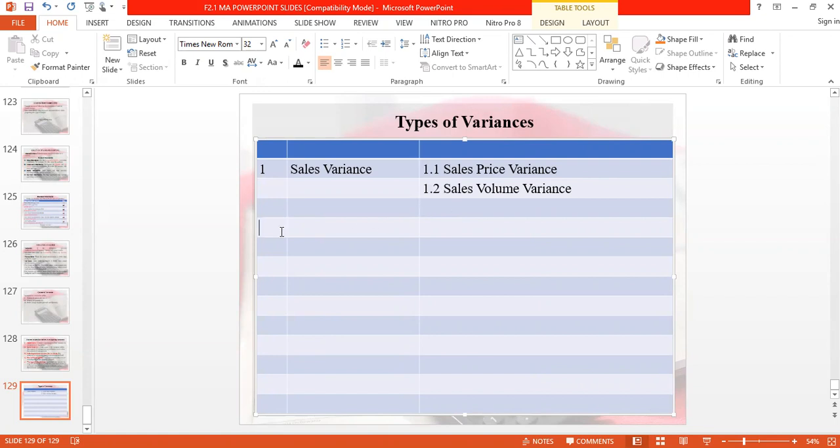Number two, the second type of variance is material variance.